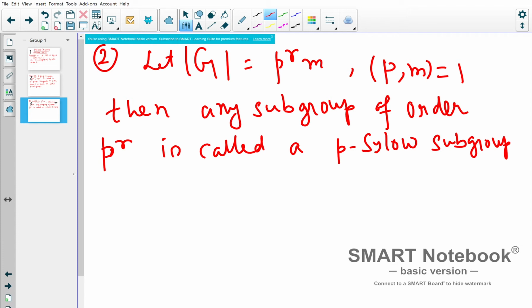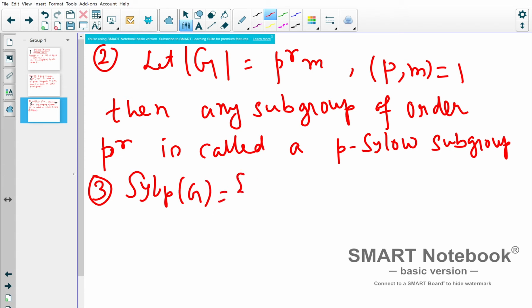Clear? So we learned what p subgroups and p Sylow subgroups are, and then another definition we require. Let me write down this symbol, Syl_p(G).